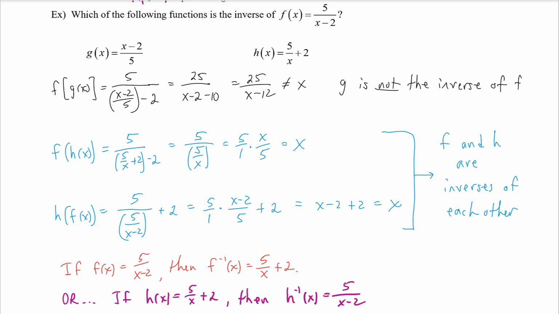So all this example is meant to show you is what we mean by that definition of inverses. How would I know? How would I prove two things are inverses of each other? So this example illustrates how to prove two functions are inverses of one another.